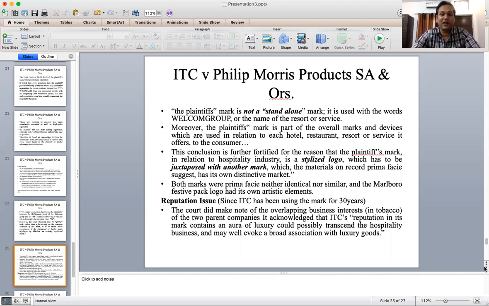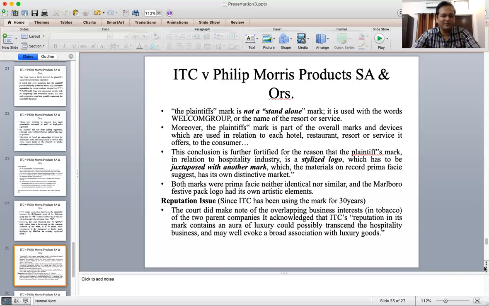We are talking about ITC's mark. Moreover, the plaintiff's mark is part of the overall marks and devices which are used in relation to each hotel, restaurant, resort, or service it offers to the consumer.